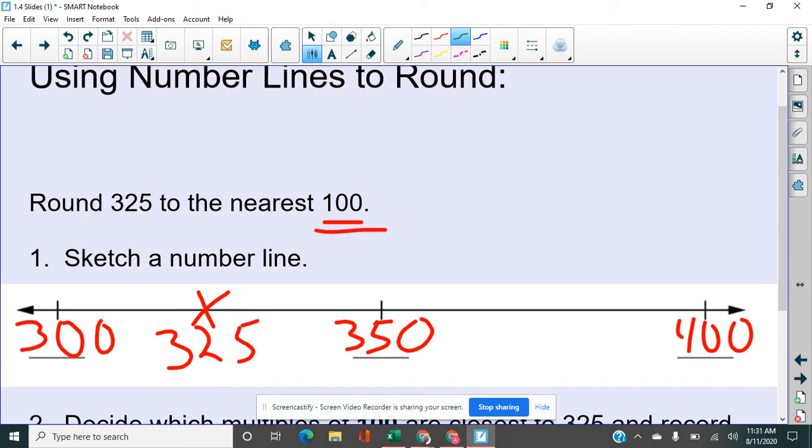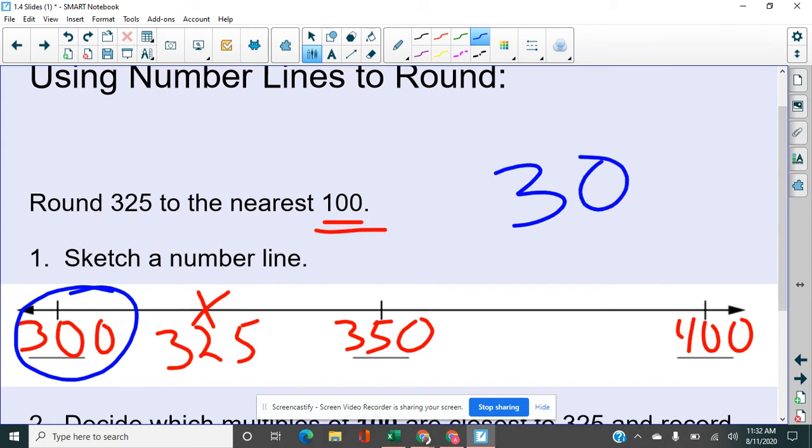So what's our answer? Let's look. Is 325 closer to this one or to this one? It is closer to 300. So that is our answer, 300, because we rounded to the nearest 100, the 100 spot on this one.